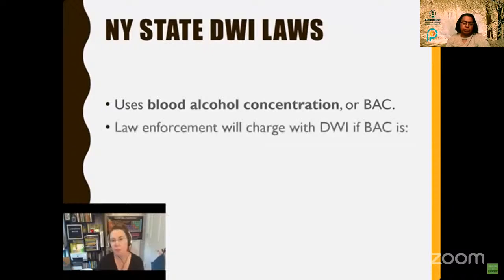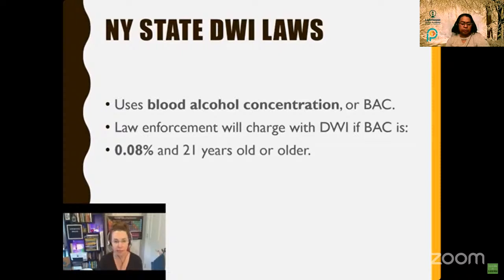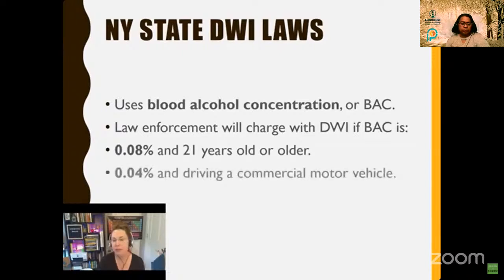So law enforcement will charge with a DWI if the BAC is along the following lines. If someone is 21 years old or older, they would be charged with a DWI if their blood alcohol content is 0.08%. If they are driving a commercial motor vehicle, meaning for a business or a company, a blood alcohol content of 0.04% would be enough to be charged with a DWI.